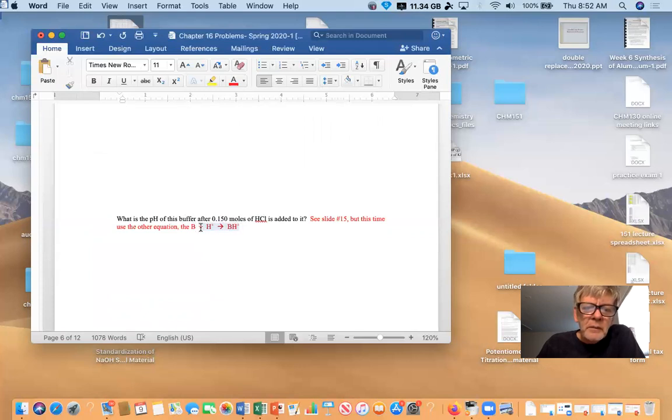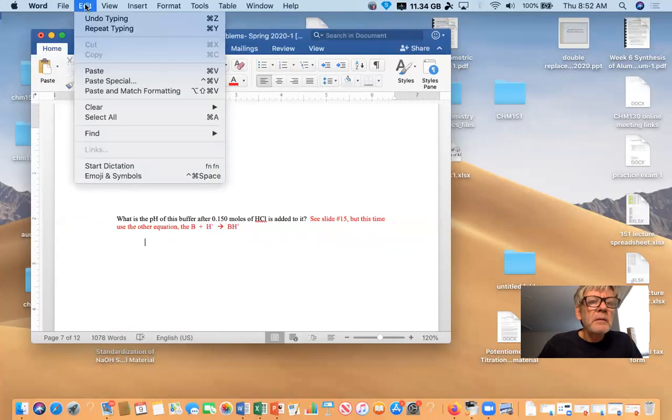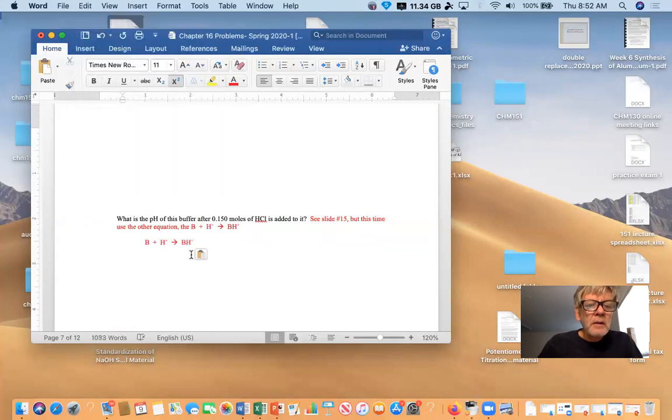So once again, we're going to use this equation, copy, paste. And we're going to do another start, react, and see what we're left with, and then go from there.